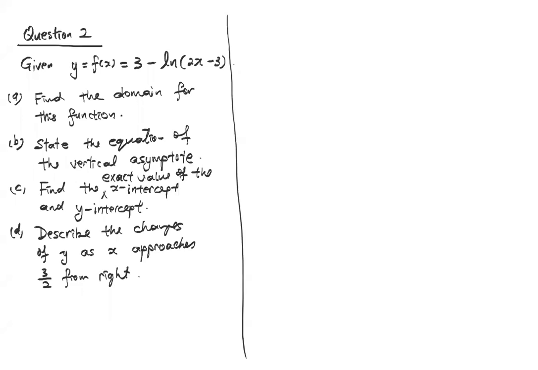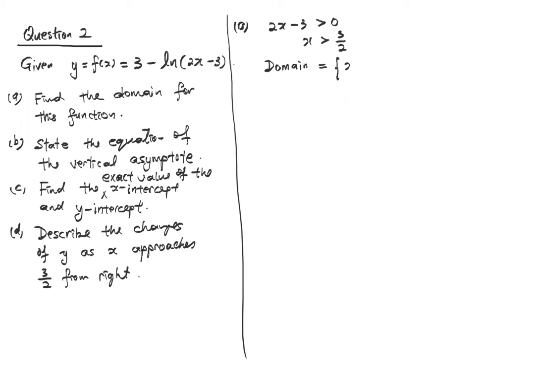And discuss this. So to do part A, you just have to remember what I told you: whatever is in the ln must be greater than 0. So x must be greater than 3 over 2. If this question is 2 marks in the exam, you don't have to show this step, you straight away write this and I will give you full marks, because this can be calculated mentally.